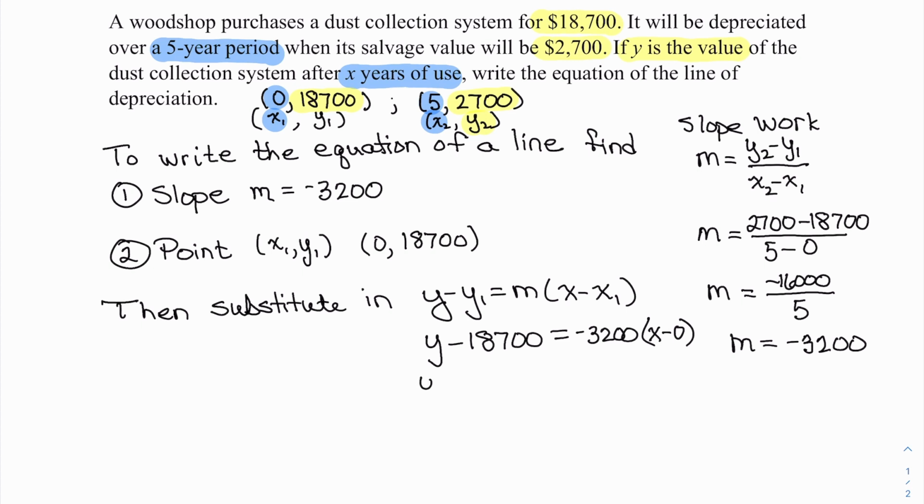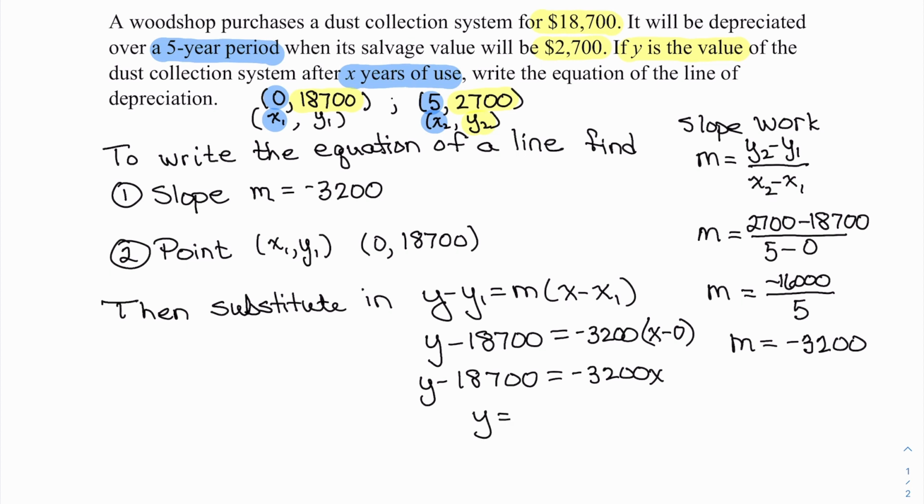So this gives me y minus 18,700 is equal to, well, in this special case, x minus 0 is just x, so I just get negative 3,200x. Normally, when my x sub 1 is not 0, I would distribute that negative 3,200, and then add the 18,700 to both sides.